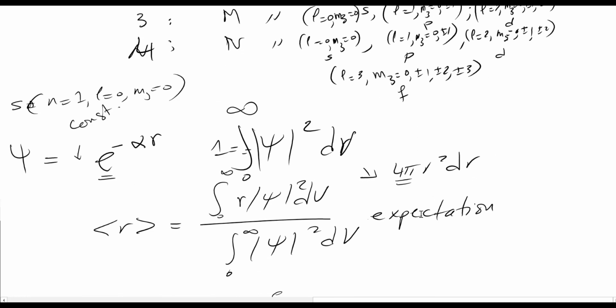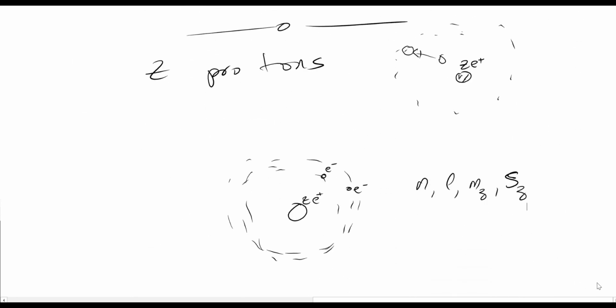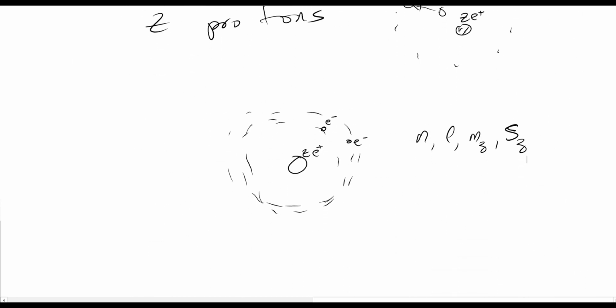Furthermore, Mr. Pauli actually discovered something else, that in order to explain what's going on with the periodic table, we have to include something he called the exclusion principle, and that is the last thing that we're going to need.